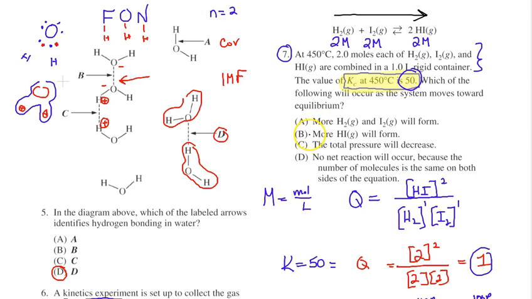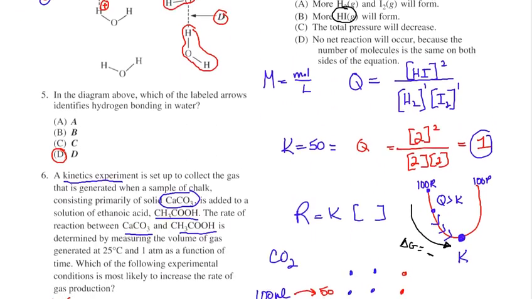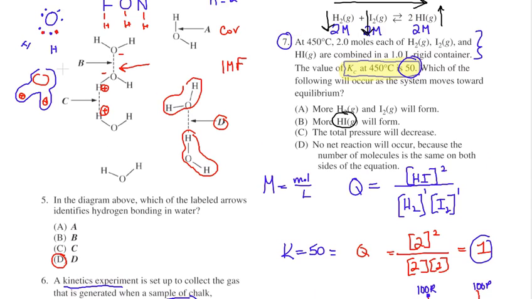Because of that, we say that more HI will form. If we're going more spontaneous to the right, we're going to build up our products and use up our reactants. If you think this is like Le Chatelier's principle, you are right. It is Le Chatelier's principle, explained through Q's and K's. So that's why B is the answer.